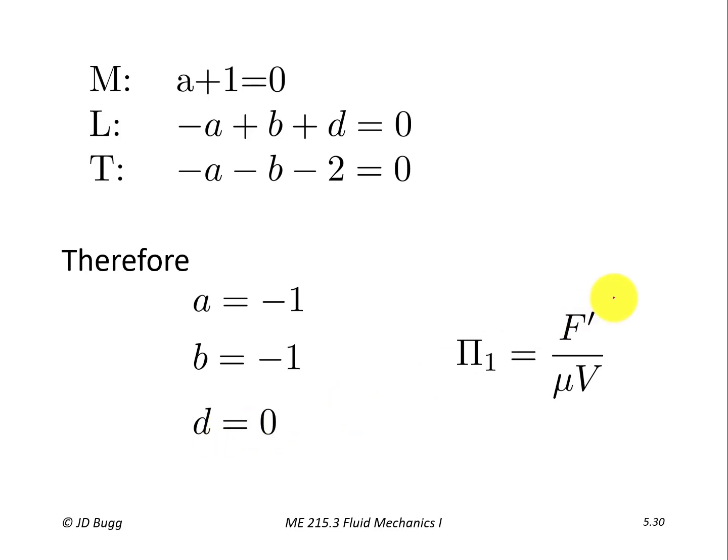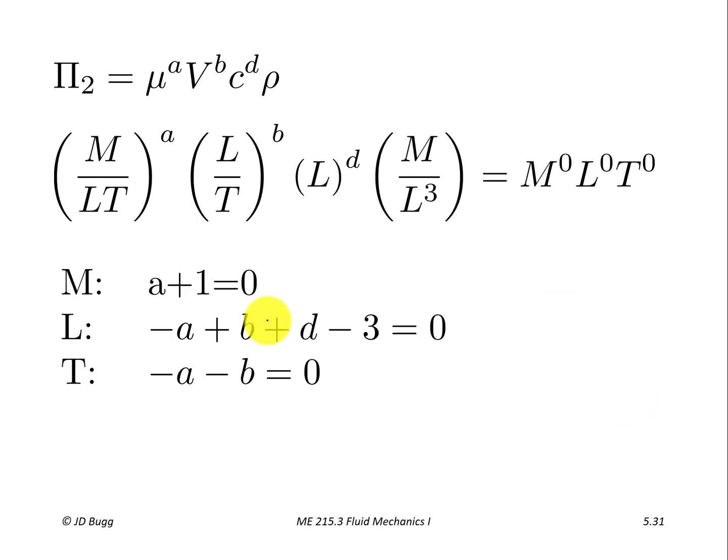So that tells us that our pi 1 group is f prime over mu v. And if you look at the dimensions of this quantity, you'll see that it is dimensionless as long as we've done the math correctly here. So with that choice of repeating variables, this would be our pi 1 group. Continuing on with our pi 2 group, we get again the repeating variables.